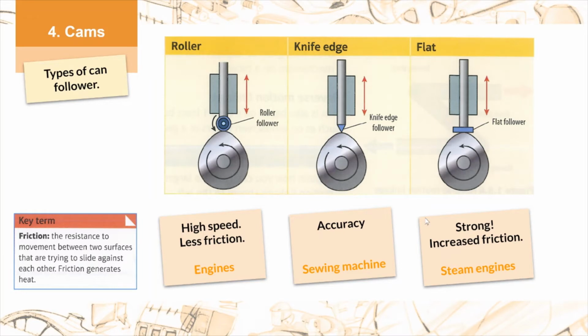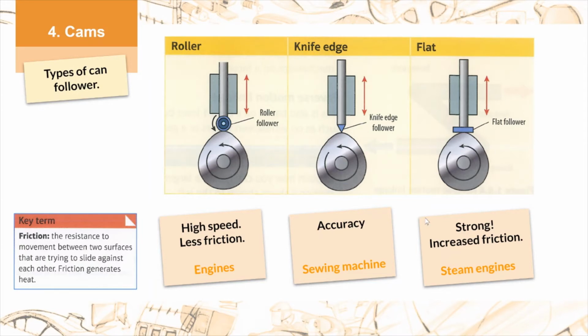So on the left we have a roller, a little wheel on the follower, rather than just a flat foot that we've looked at before, where perhaps there'll be friction. Where the flat wooden foot was rubbing against the wheel, you might not want that in a machine that's moving really fast. That amount of friction might cause heat and cause a problem. So we've got a roller wheel.